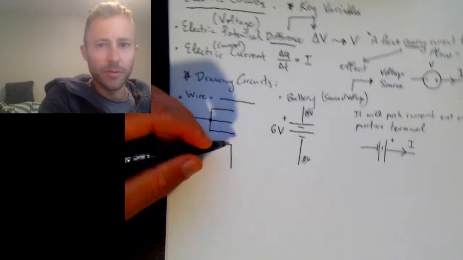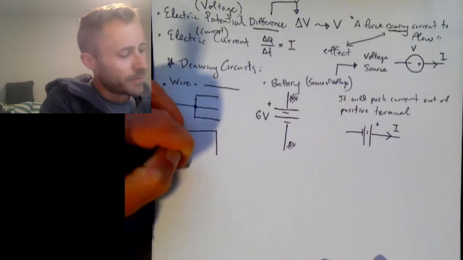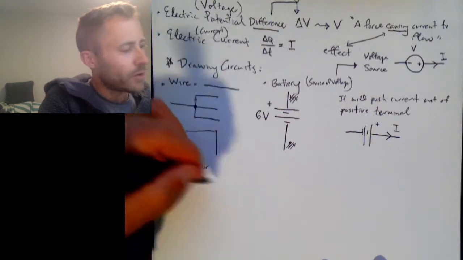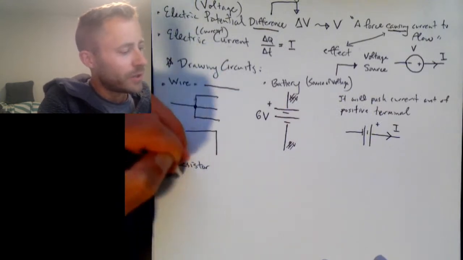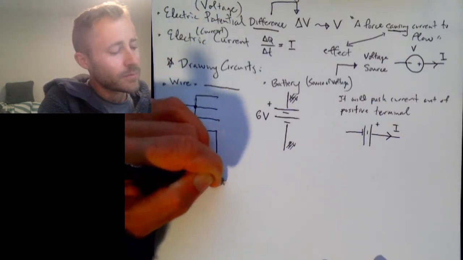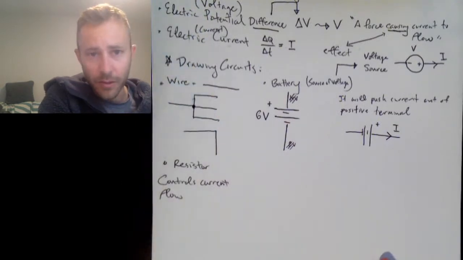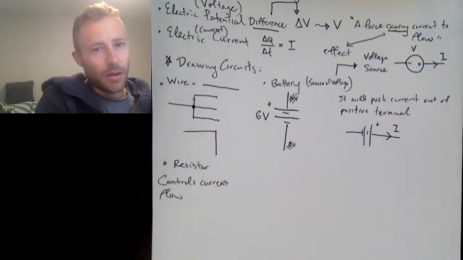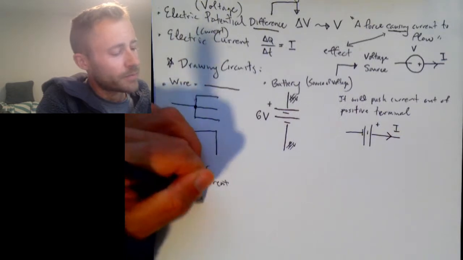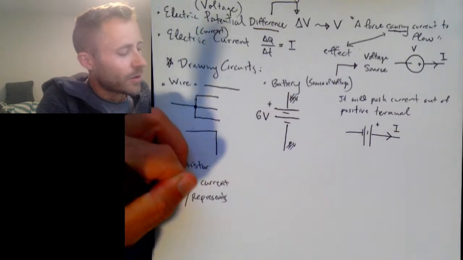Another common thing that we will see in circuits is a resistor. And what a resistor does is it controls current flow. So that is one thing that it can do. Another thing that it can do is it could actually be representing other objects.